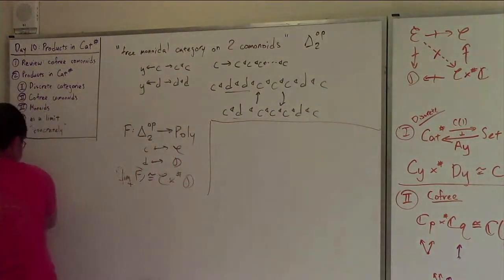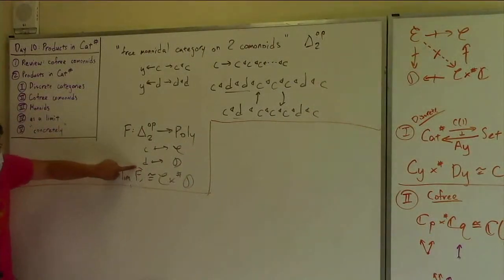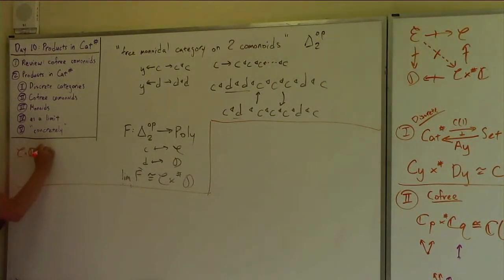Now, basically, the summary of what I was trying to say over here is that this limit is going to have canonical projections into any kind of chain of composites we form with these C's and D's. But it turns out that we're really only going to care about a composite into an arbitrarily long alternating thing starting from C and an arbitrarily long alternating thing starting from D.